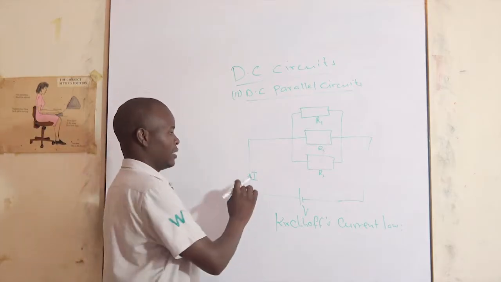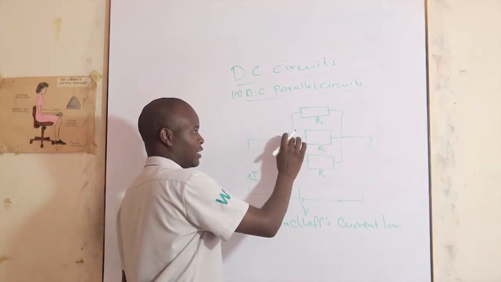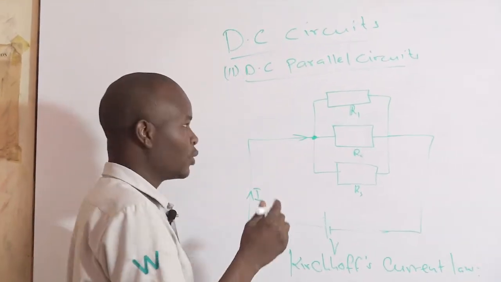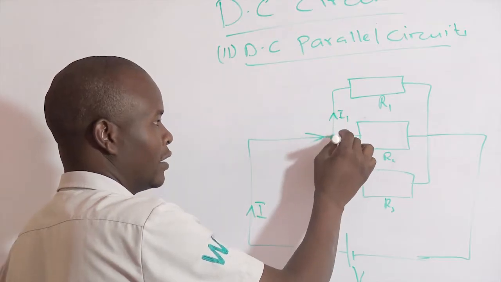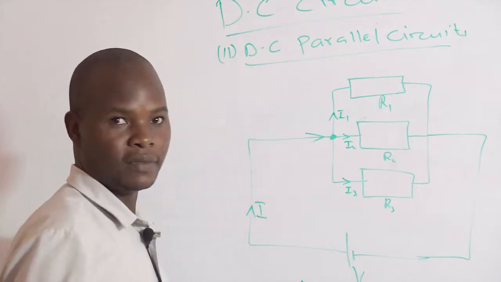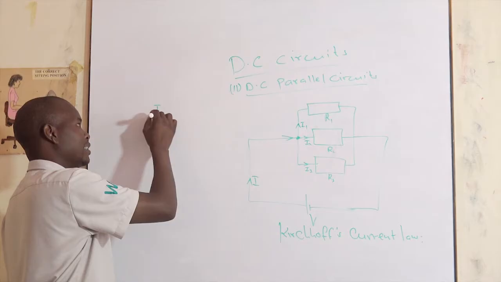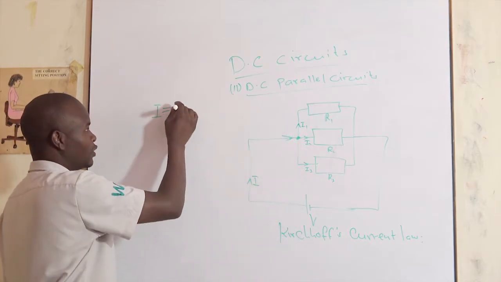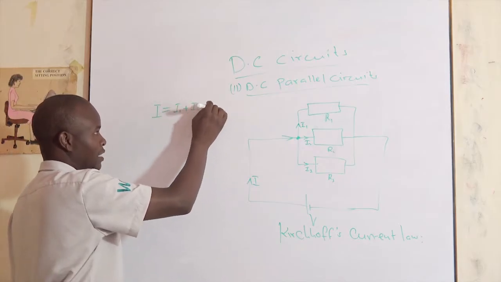For example, I is coming towards this junction. After reaching the junction, the current I will split into three. For example, we can have I1, I2, I3. So from Kirchhoff's law, the current from the source, after reaching the junction, will split into I1 plus I2 plus I3.